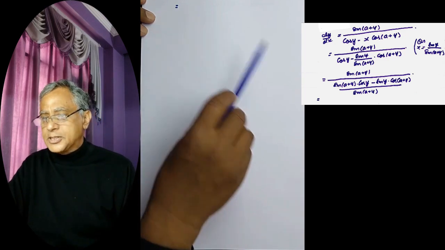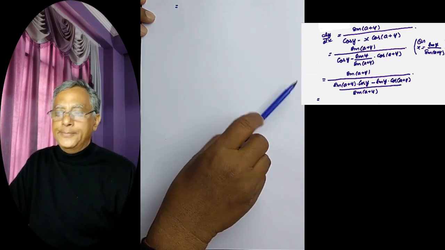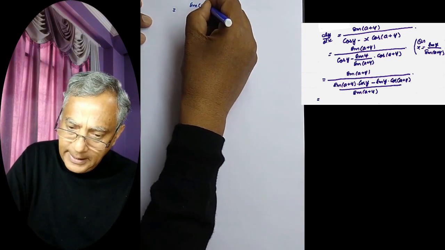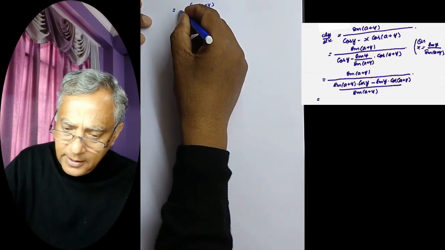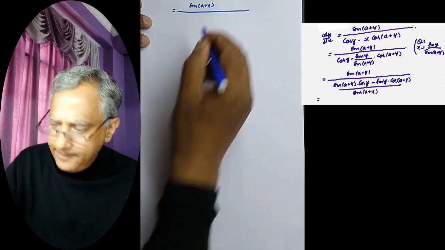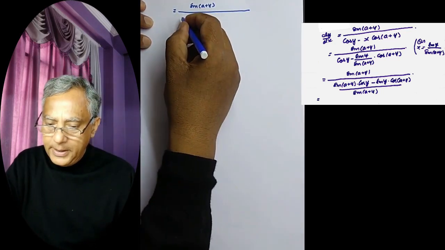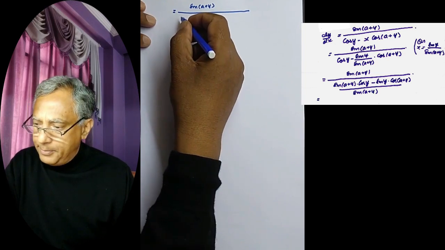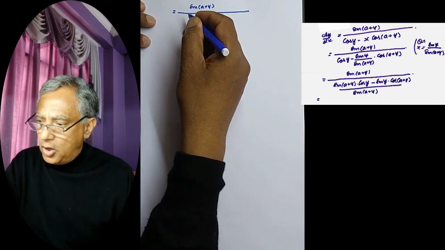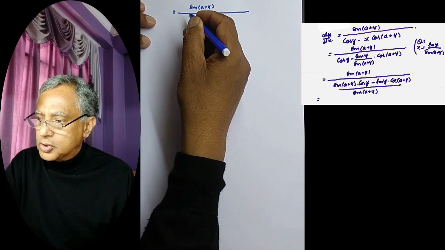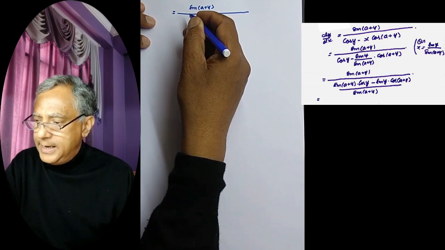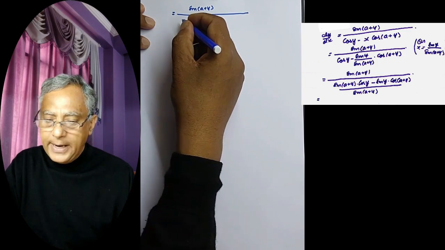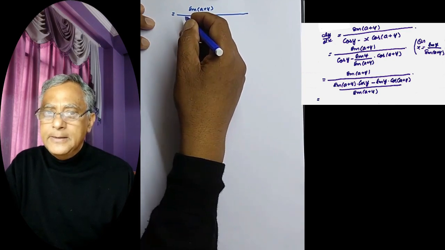You can see the last step on the side sheet. What we get is sin(a + y) whole divided by sin(a + y) into cos y minus sin y into cos(a + y). That is sin A cos B minus cos A sin B, so we are getting the formula for sin(A minus B).